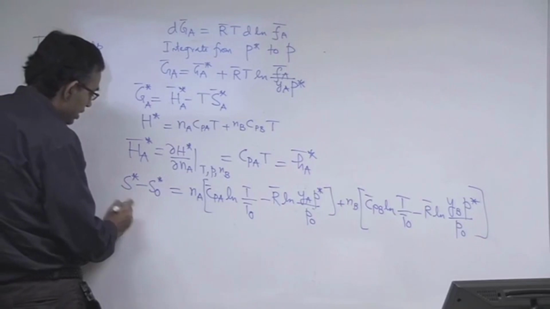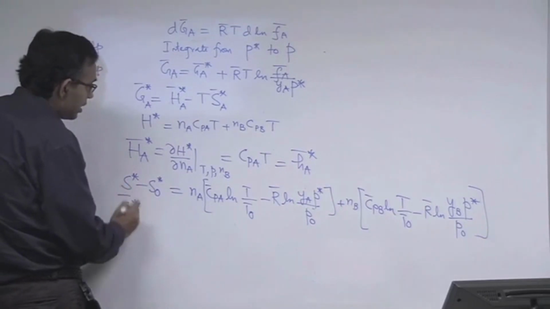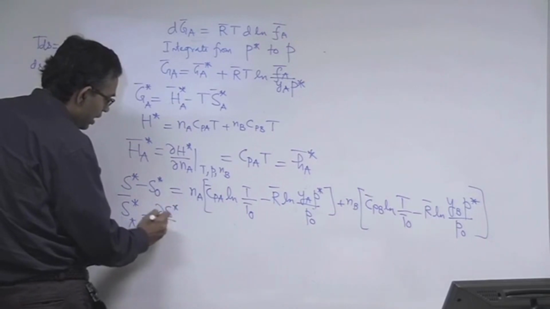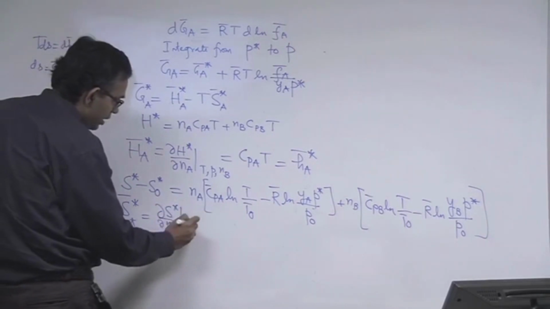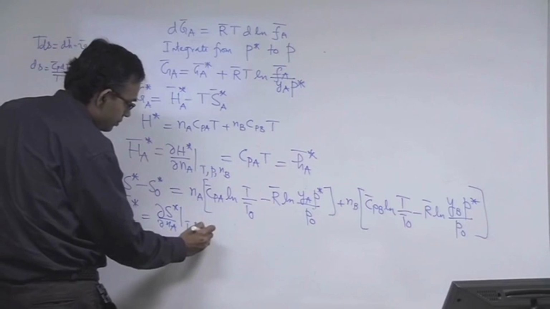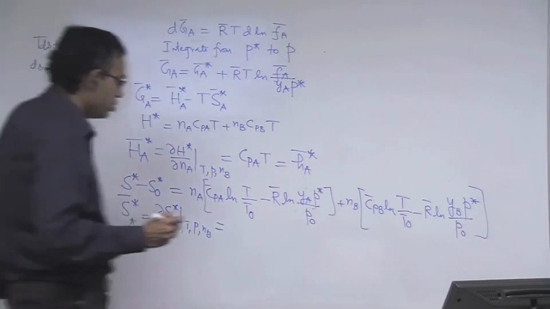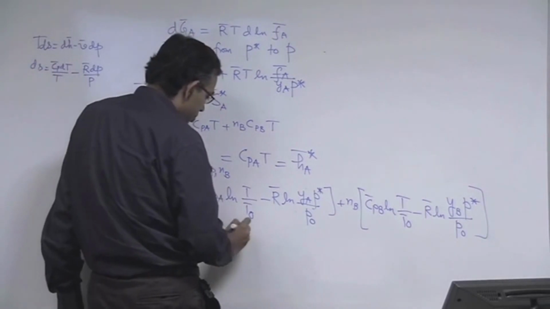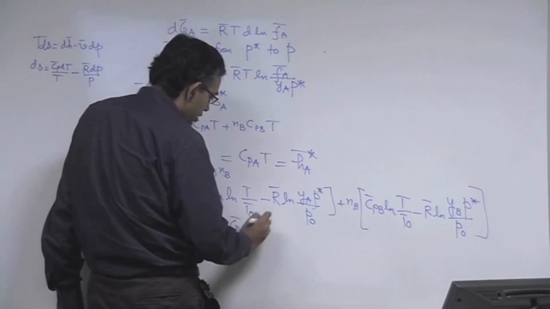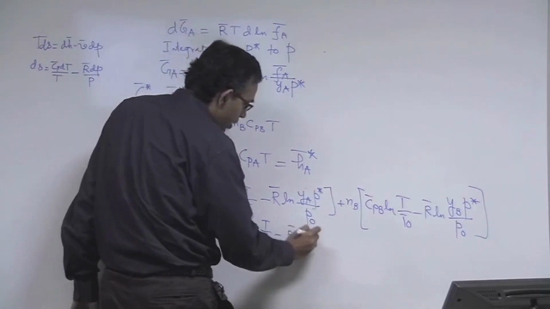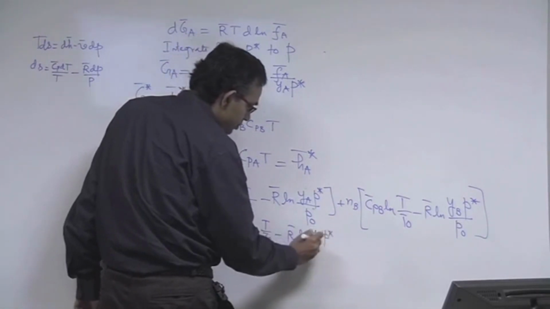So what is S star A? So del S star del Na at T, P, Nb. So this is CpA ln T by T0 minus R ln YA P star by P0.